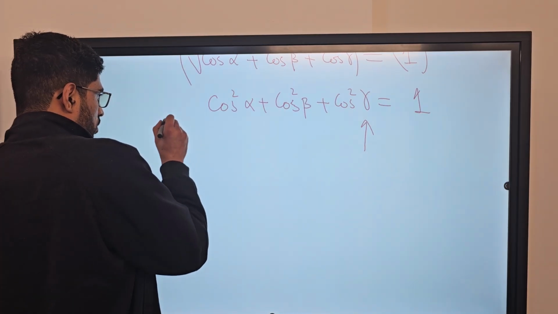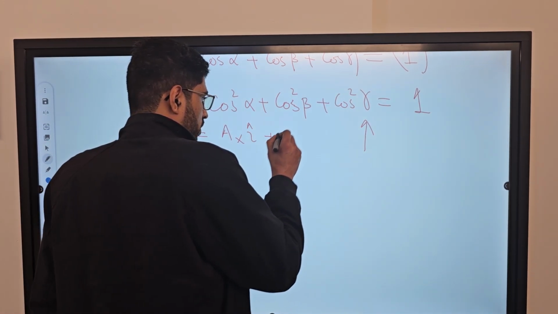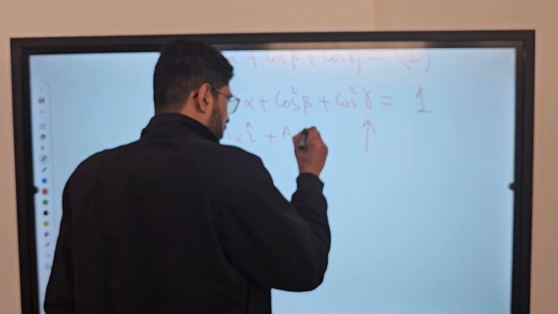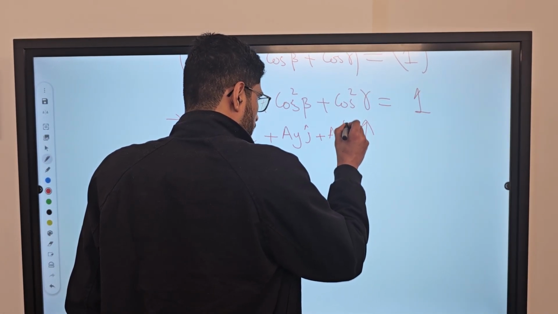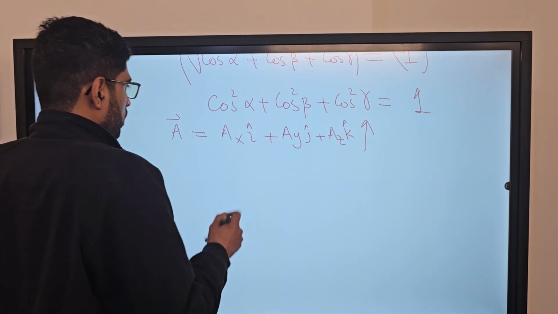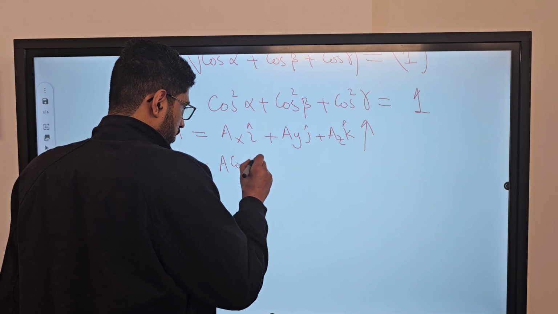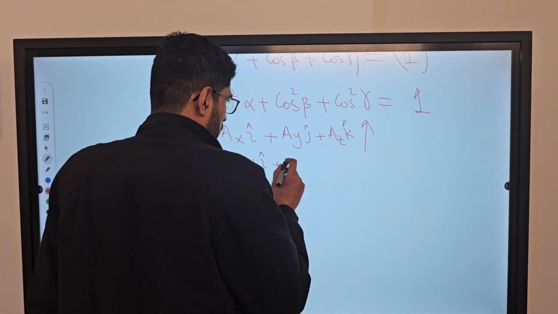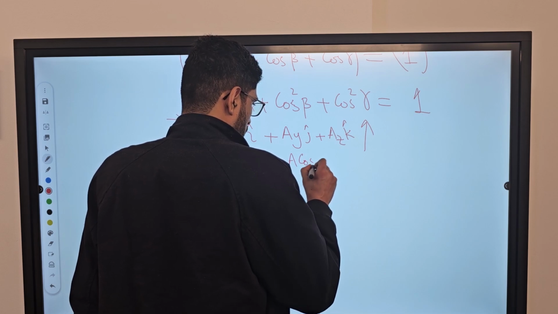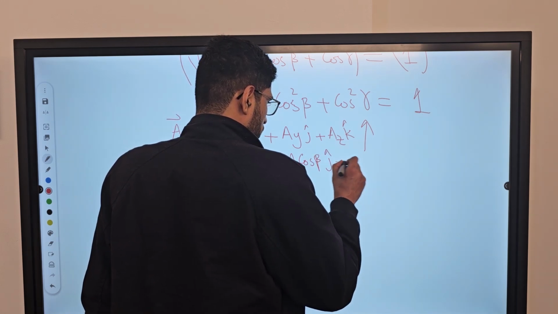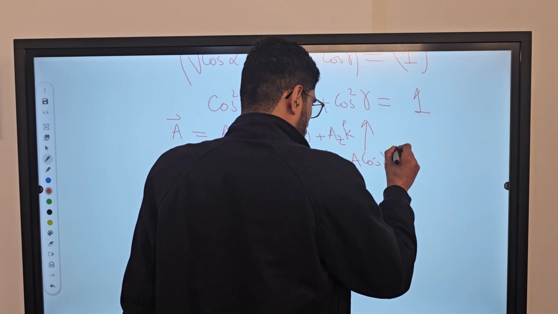Let's say this is our vector a, which is equal to ax i plus ay j plus az k. Since ax is a cos of alpha, we can write it as a cos of alpha i plus a cos of beta j plus a cos of gamma k.